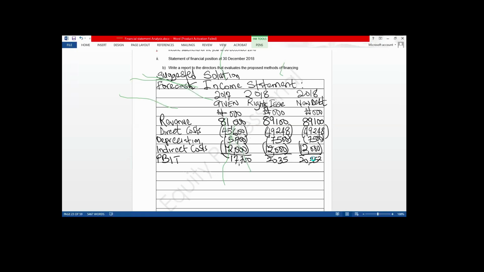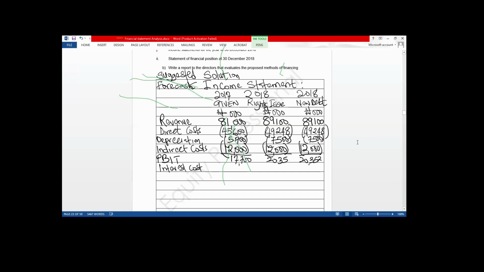Next, logically, you can now say, let me compute interest. Since I have gotten profits before interest and tax, then I can quickly compute the interest. We come here, interest cost. Check 2017 figure.